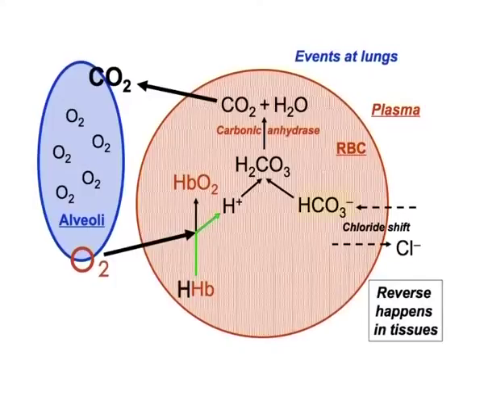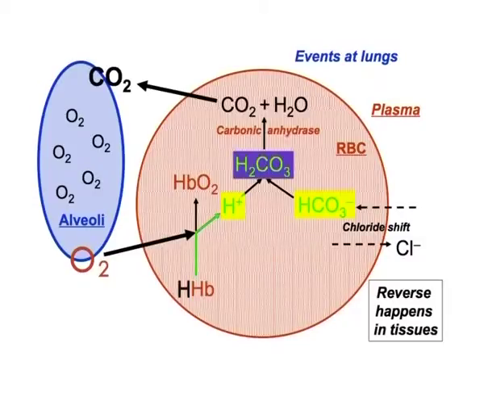These attract bicarbonate ions from the plasma, which combine with hydrogen ion to form carbonic acid. Under conditions of lower partial pressure of carbon dioxide, as occurs in the pulmonary capillaries, carbonic anhydrase catalyzes the conversion of carbonic acid to carbon dioxide and water.